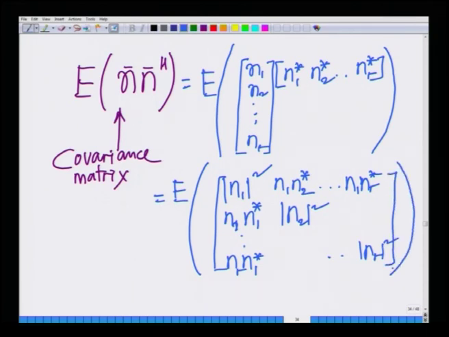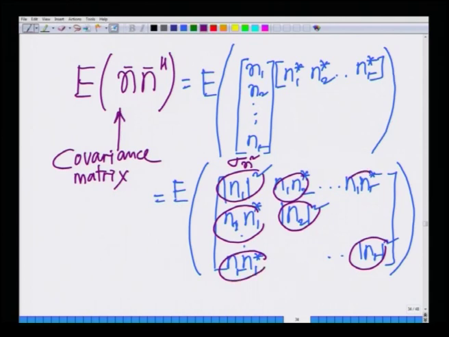Now, what you can observe when you take the expectation operator inside is that expectation is a linear operator, hence it goes inside. Each of these components on the diagonal is sigma n square, and each of these cross terms which are off diagonal are essentially 0.